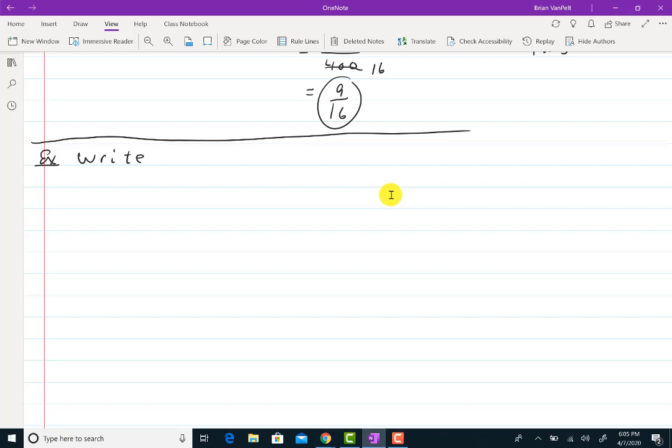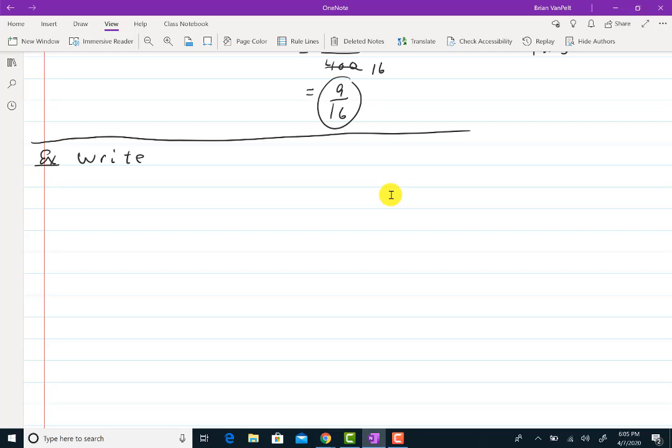Next one, actually, it's on the next page. I think, let me do some of these weirder ones.